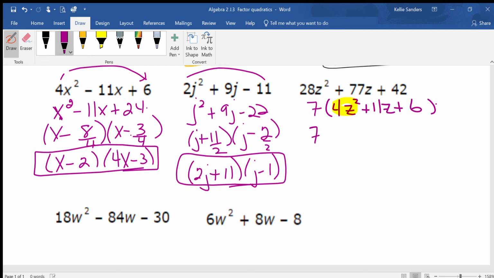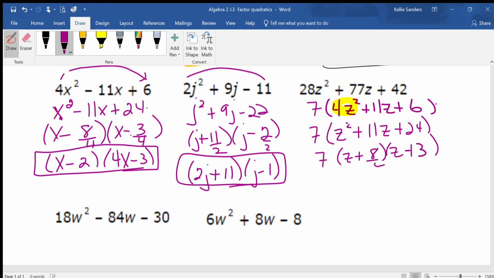So the 7 chills. Then we take it down to 2 parentheses. Get 8 and 3. Then we have to put the 4 back in. That's a plus 3. And so our answer is 7. See, I didn't lose that 7. It's still there.